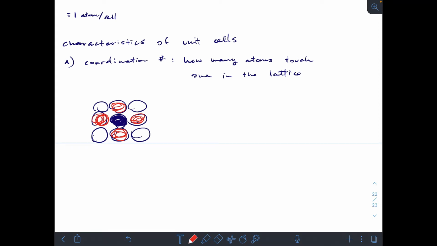But we also have to think 3-dimensional, so in front and back as well. So for simple cubic, there are 6 atoms touching.